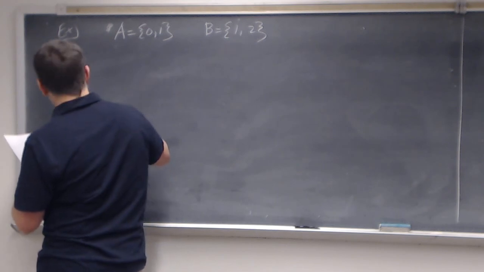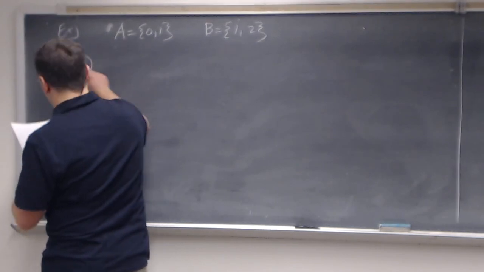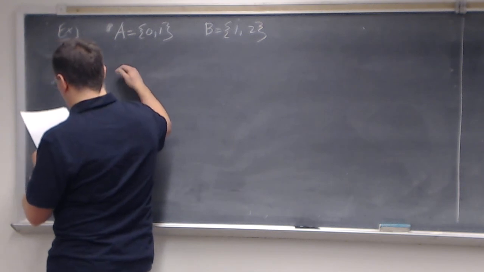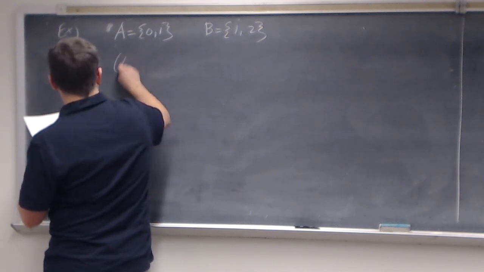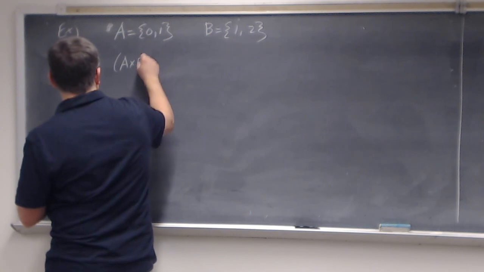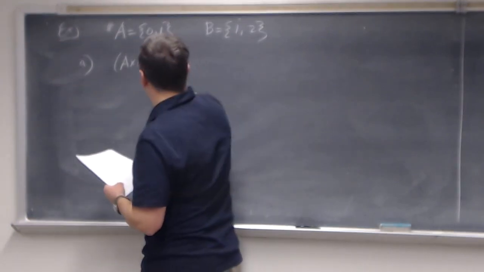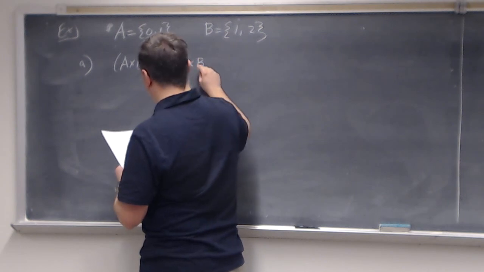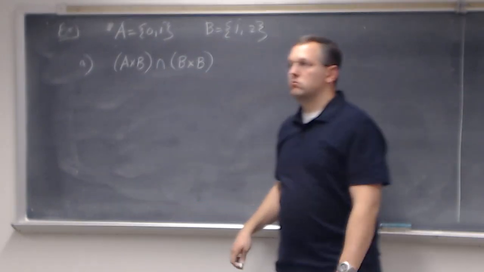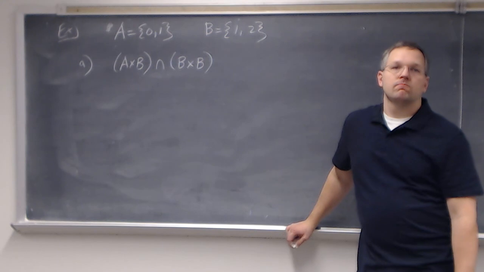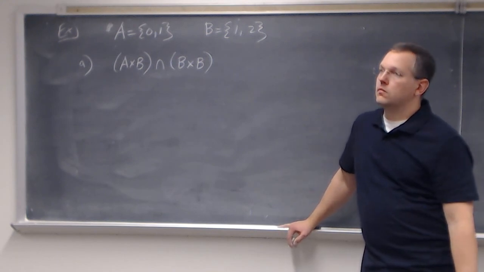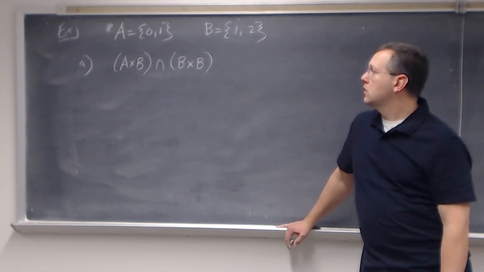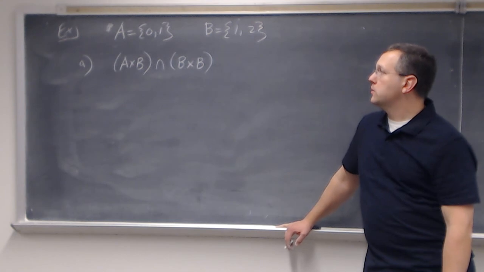What is, first part, what is A cross B intersect B cross B? Maybe we should do this in parts and steps.